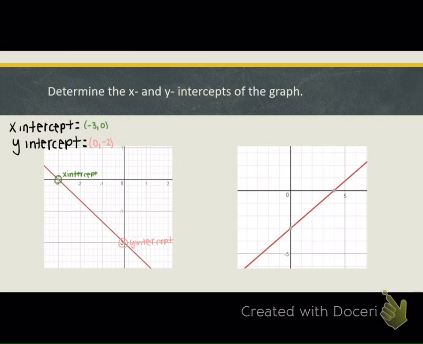Again, be careful with the scaling on the graph. Stop all the side conversations, please. Brian, what is the x-intercept?